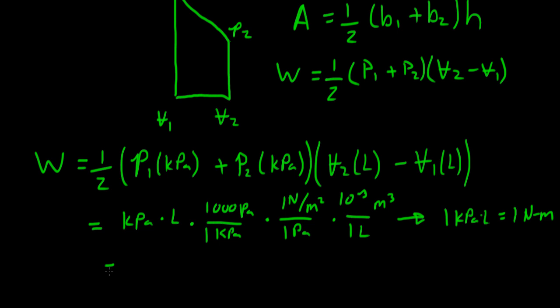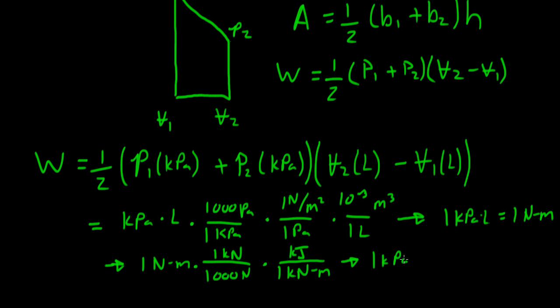We know that 1 Newton meter is a joule, and that 1,000 newtons per kilonewton can convert this to kilojoules. 1 kilojoule is 1 kilonewton meter. And so we're left with 1 kPa liter is equal to 1 over 1,000 kilojoules.